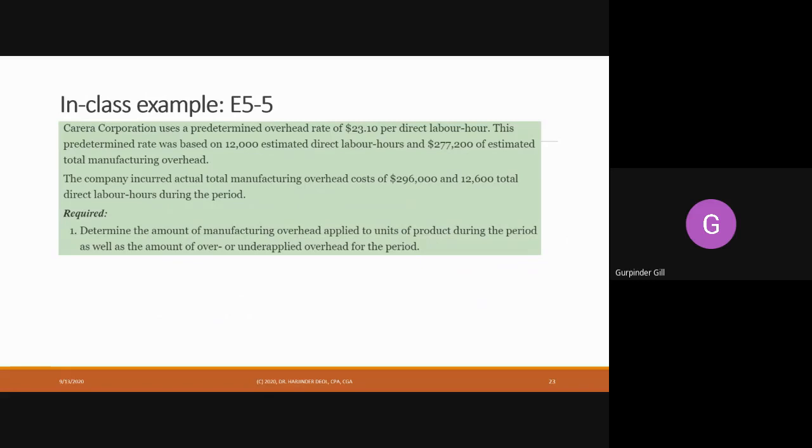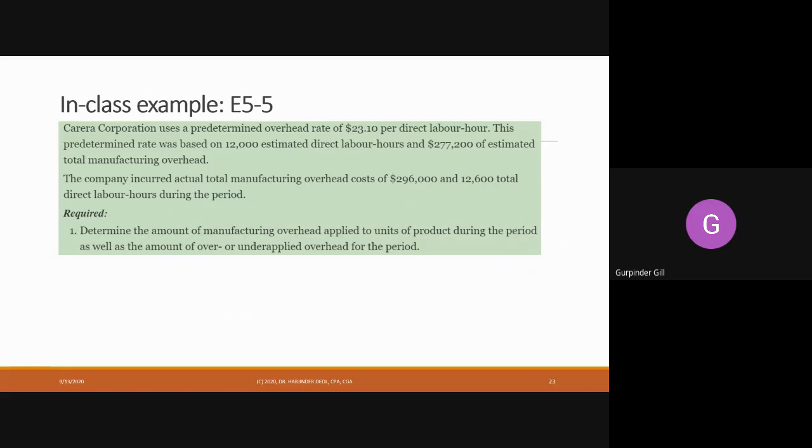This predetermined rate was based on 12,000 estimated direct labor hours and $227,200 of estimated total manufacturing overhead cost. So you can determine how they calculated the predetermined rate.